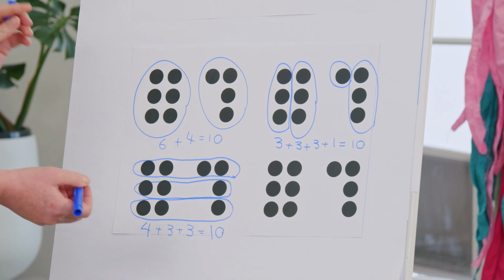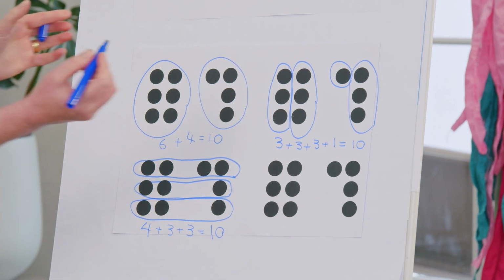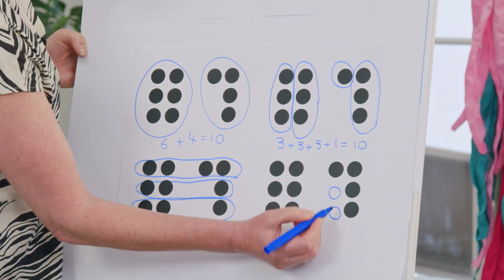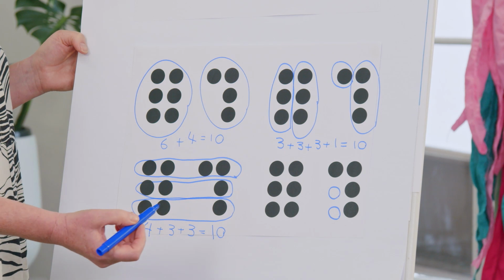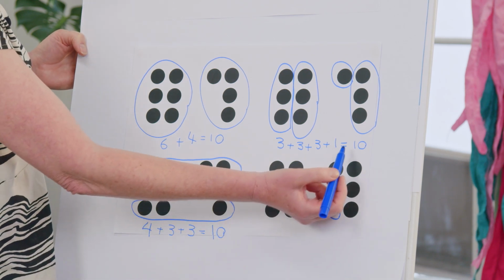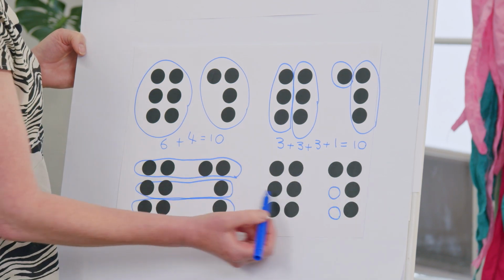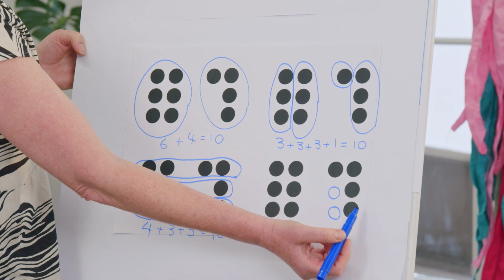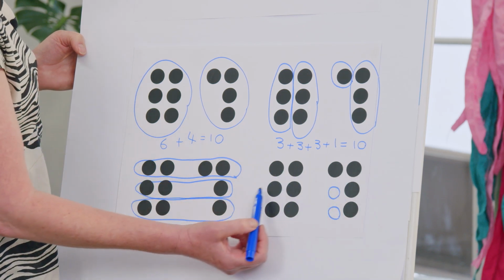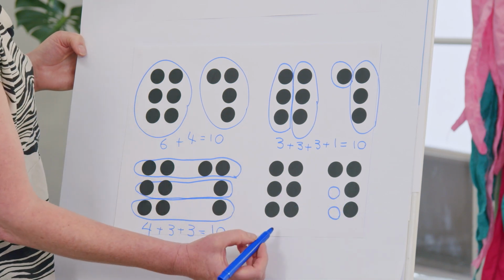All right, now here's a trickier one. Maybe you use this way, but I can see what's missing. I can see that there are 2 missing in an array of 3, 3, 3 and 3, or an array of 4, 4 and 4. So if I use this one, I've got 4 and another 4 is 8 and another 4 is 12.